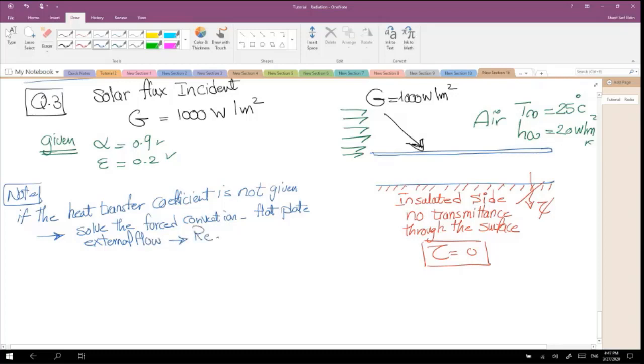So get Reynolds number, Nusselt number, heat transfer coefficient. Alright, so this is just a separate note.